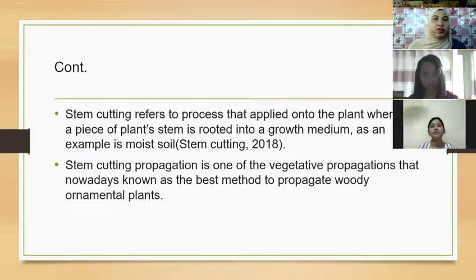And today, stem cutting is very popular as a vegetative propagation method which is inexpensive and easy to apply.